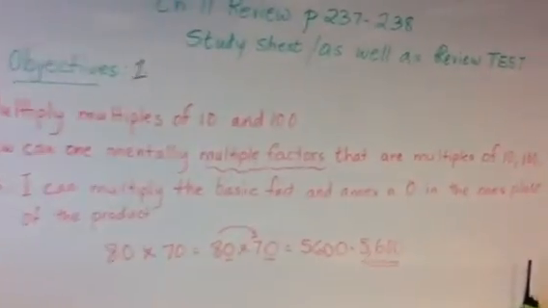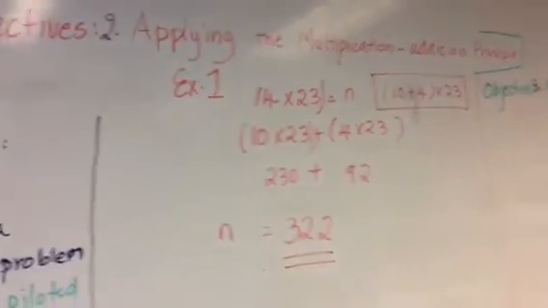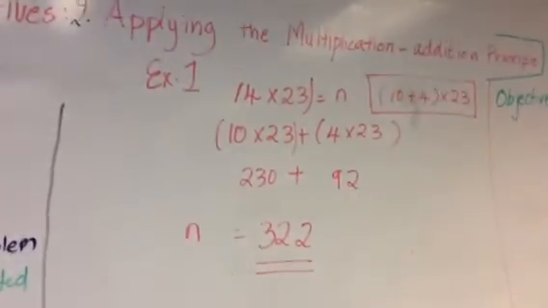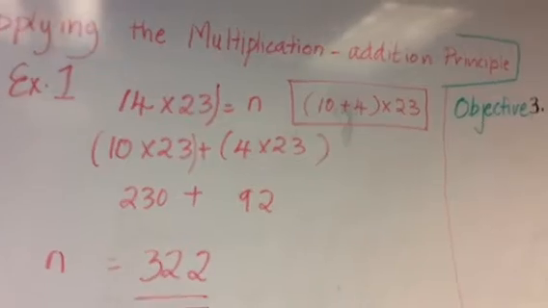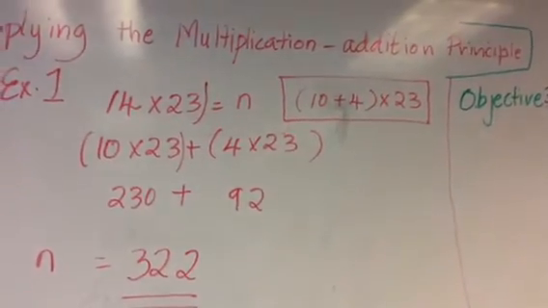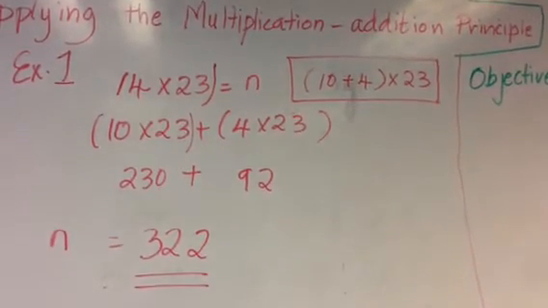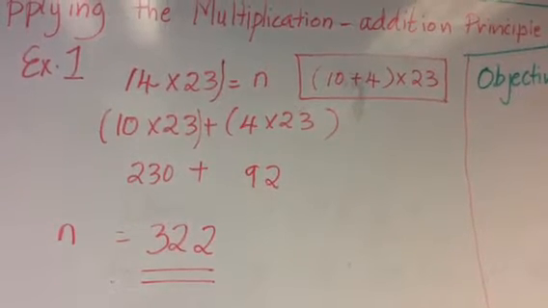Objective number 2. Applying the multiplication addition principle: 14 times 23 equals n. So 14 can be divided into 10 plus 4, times 23. So 10 times 23 in parentheses plus 4 times 23 in parentheses.